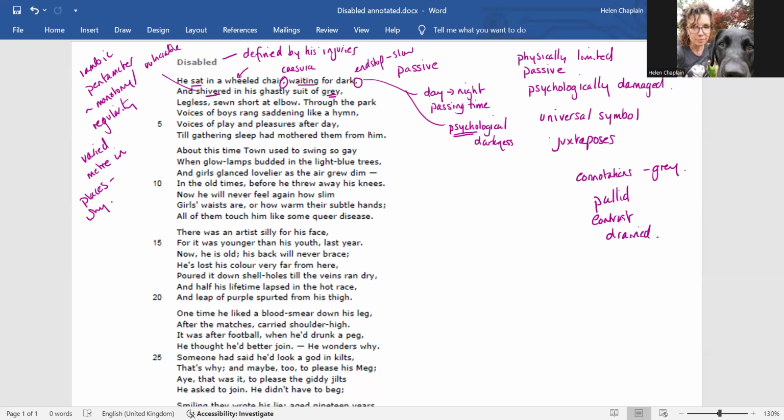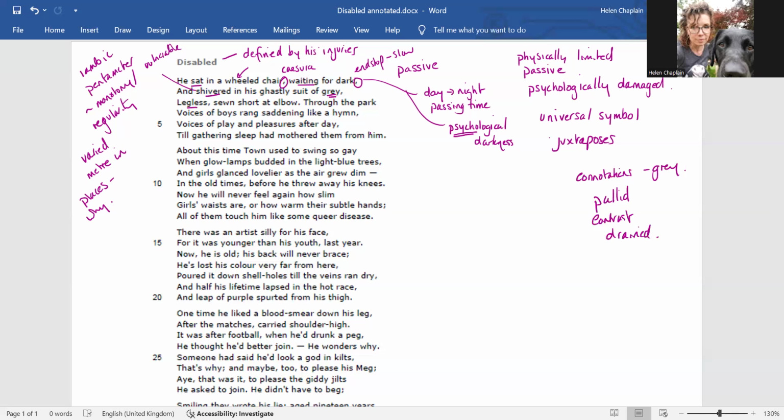Okay? And what we notice about him is he's passive, he's shivering, so he's vulnerable, he's waiting, "legless", literally legless, he's lost his legs, and "sewn short at elbow" would be, rather than having a prosthesis at that point, just turning up the sleeve of somebody's clothes so you couldn't see the stump of their arm.